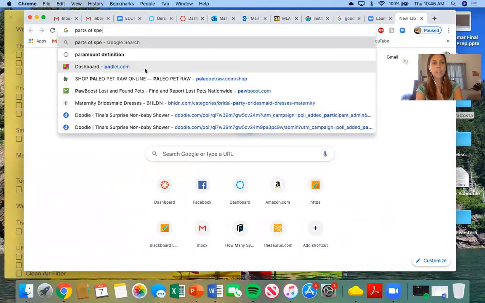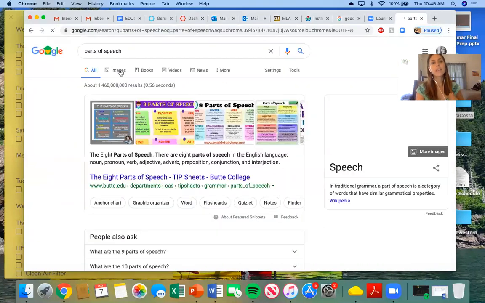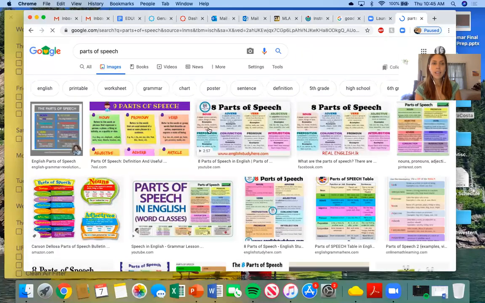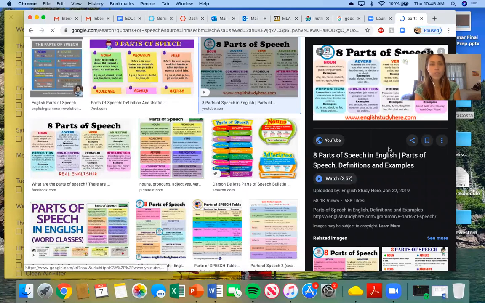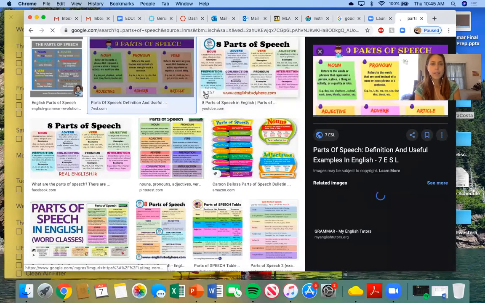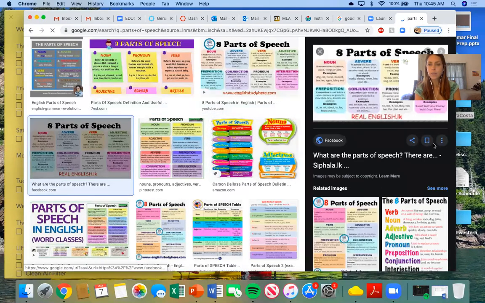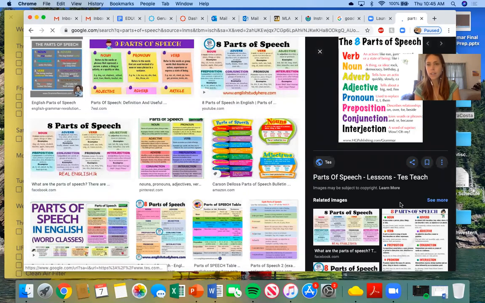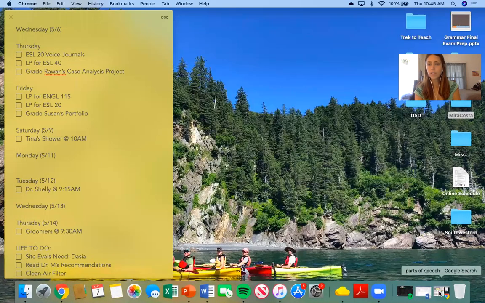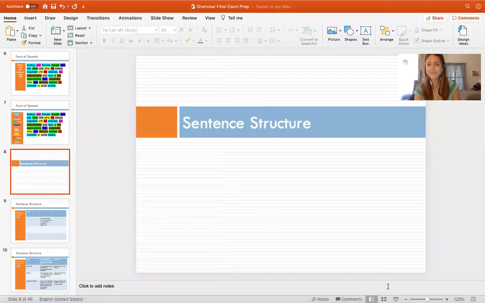So parts of speech, type in, go to Google Images. Yep, 8 parts of speech. And then there's a YouTube, something called Real English, and you can go through. So there's tons of these online that can help you study as well. But I really think we've done a really good job working on that. So I think we've got it for the most part.